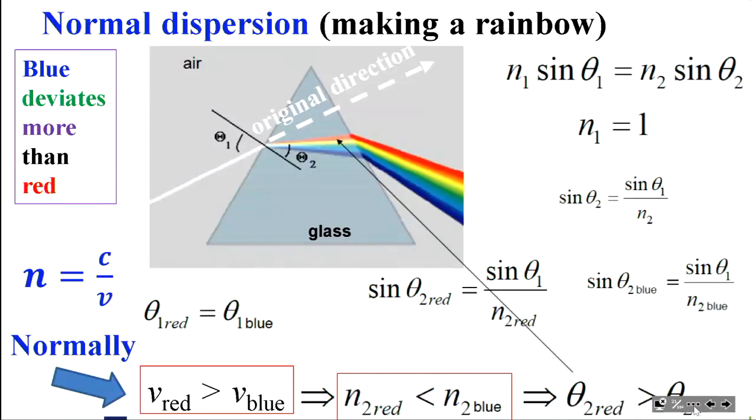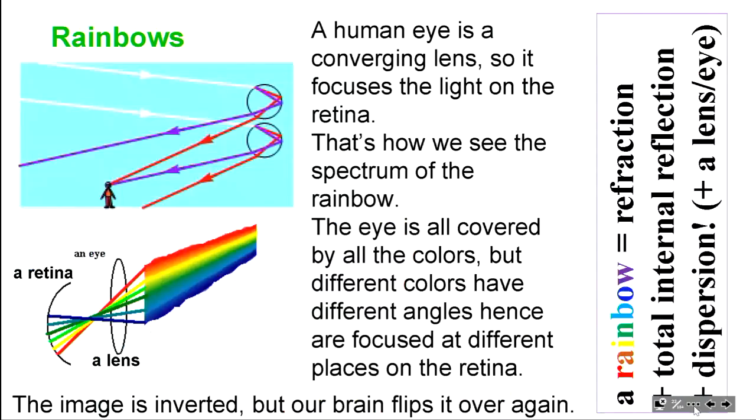This is what we call normal dispersion. In certain circumstances, in gases, anomalous behavior might exist, but for the normal dispersion, that's always the case. And the rainbow actually is a very complicated physical phenomenon. It involves several optical laws. First of all, refraction happens.